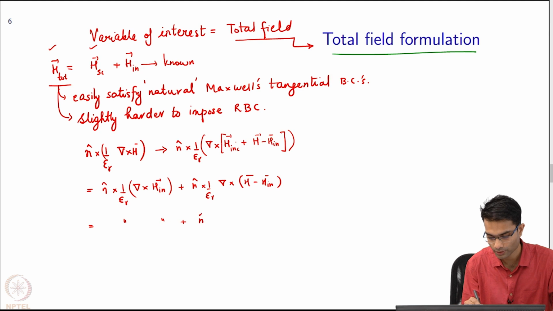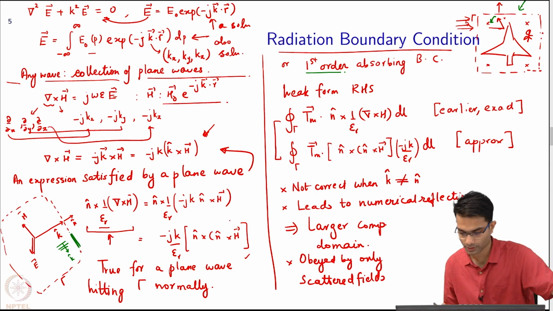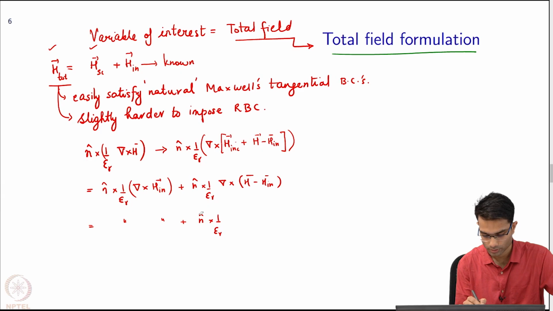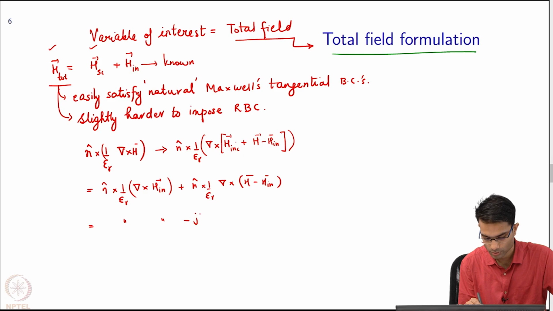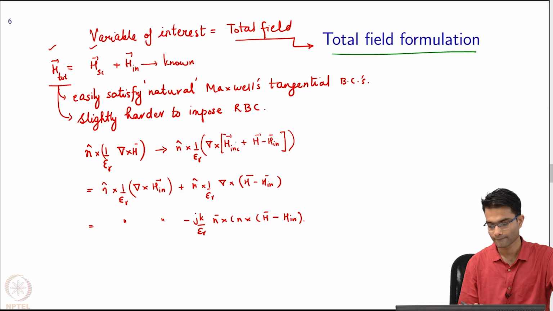So, that was n cross 1 by epsilon r, and this was replaced by, let us have a look over here, this whole expression: minus j k by epsilon r, n cross n cross, the same expression must hold true.